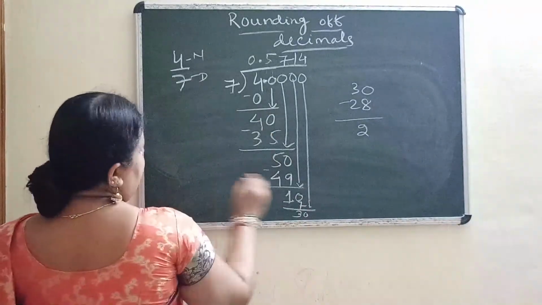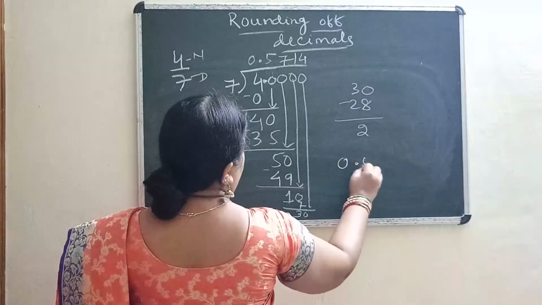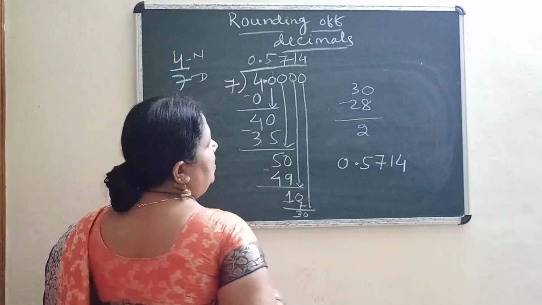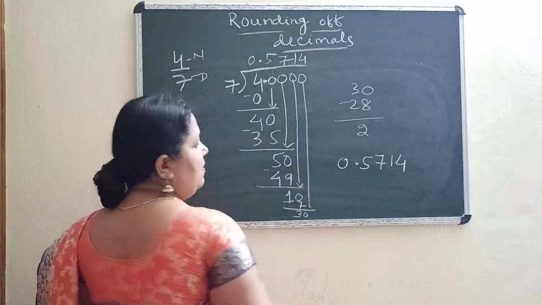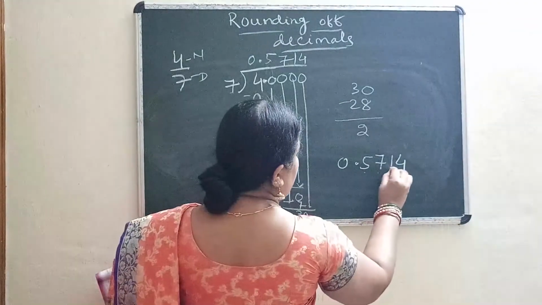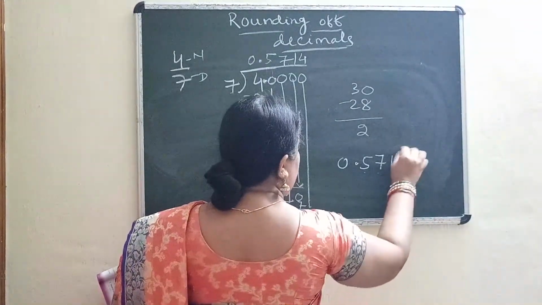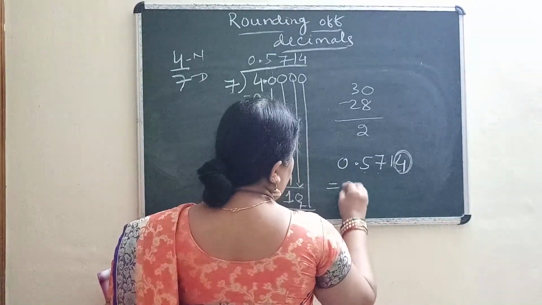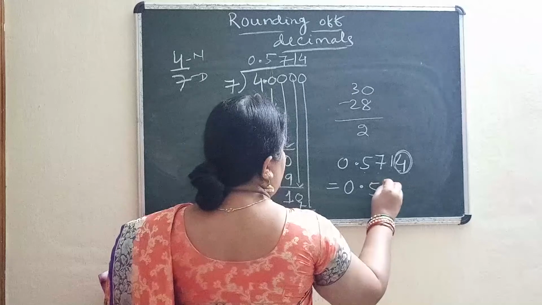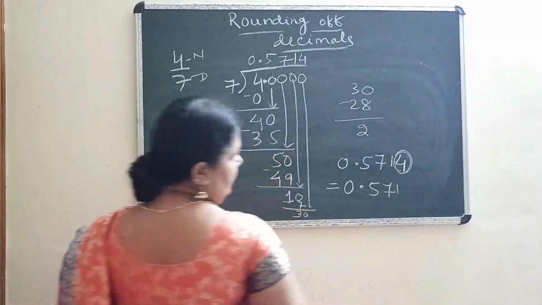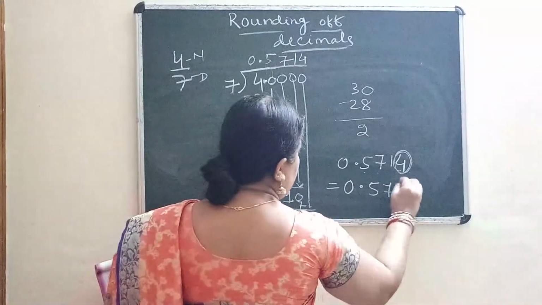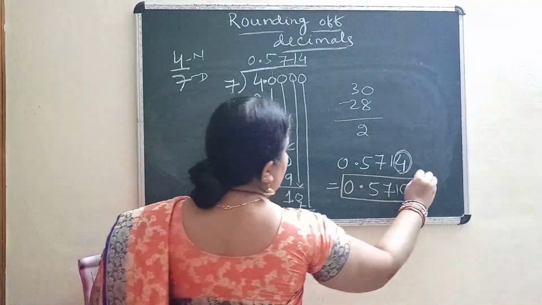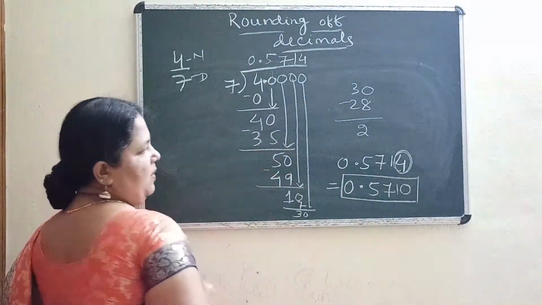So now the answer is coming 0.5714. So you have to round off up to 3 decimal places. So 1, 2, 3. Nearest 3 means you have to check this place. If it is less than 5, then the remaining answer will be 0.571 and this place will be 0. Clear? So this is your answer correct to 3 decimal places.